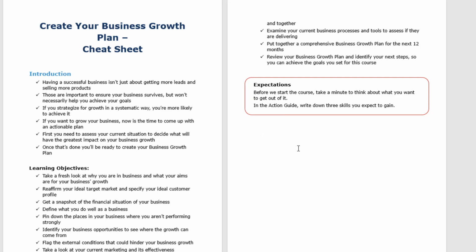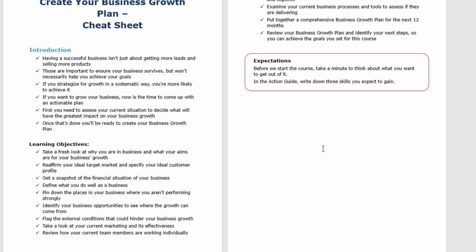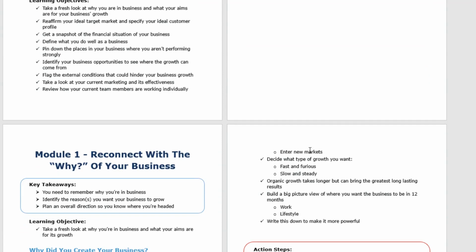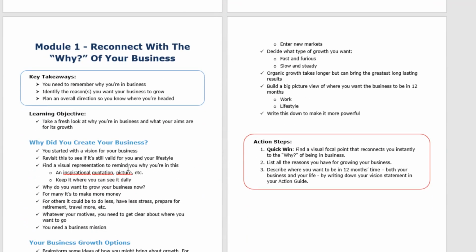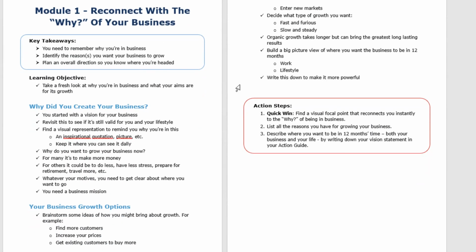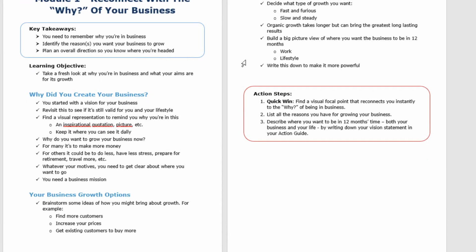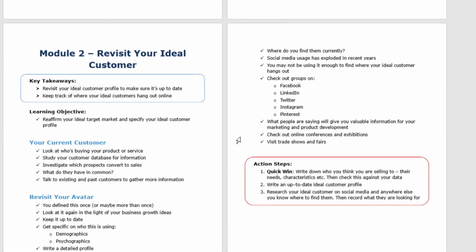For instance, if you're doing this as an online course, you could break up each one of these as PDFs that accompany each module, and then it gives people that quick summary of the modules so they don't have to go back through the course book or the recordings, the videos, and find a point that you talked about. So that has the key takeaways and the action steps for each one of the modules.